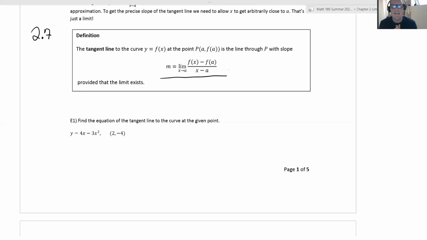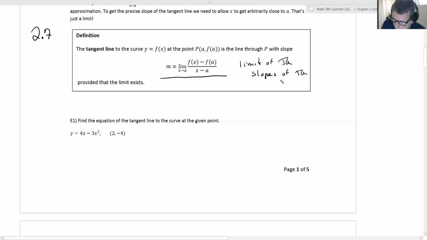You'll know that this is actually what happens when we take the limit of the slopes of the secant lines. So that's actually the limit of the slope of the secant lines. All right? And so that's the equation for the slope of the tangent line. All right? So let's just kind of try that out.